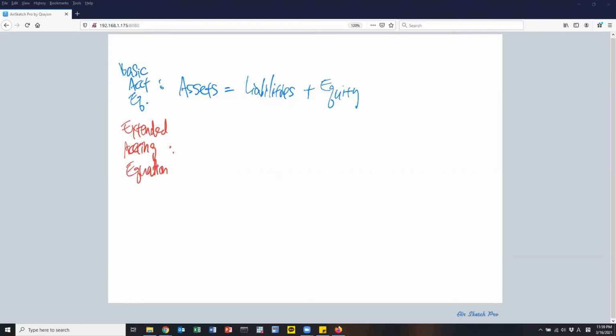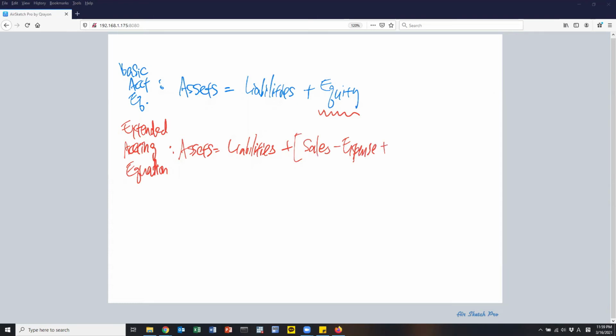The basic accounting equation: what was it? Assets equals liabilities plus equity. The extension was about the equity part. First, we added the net income, where the net income itself is sales minus expense, right?